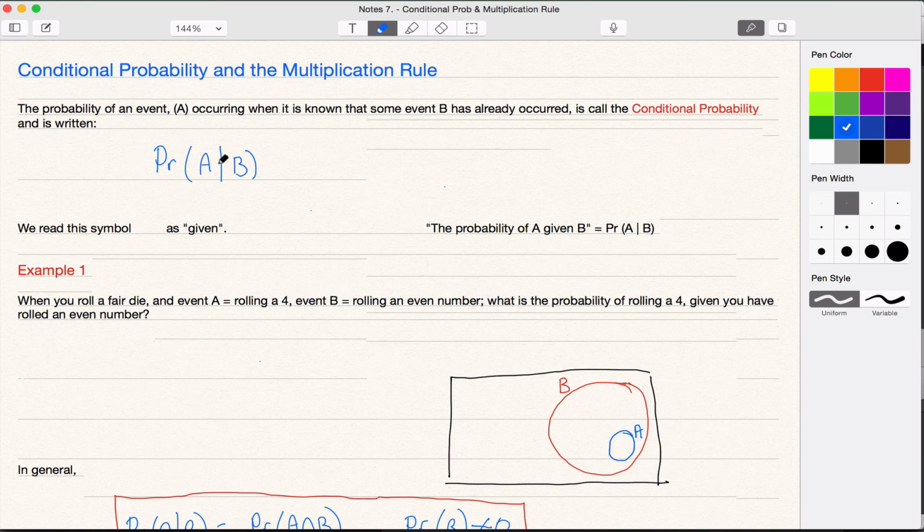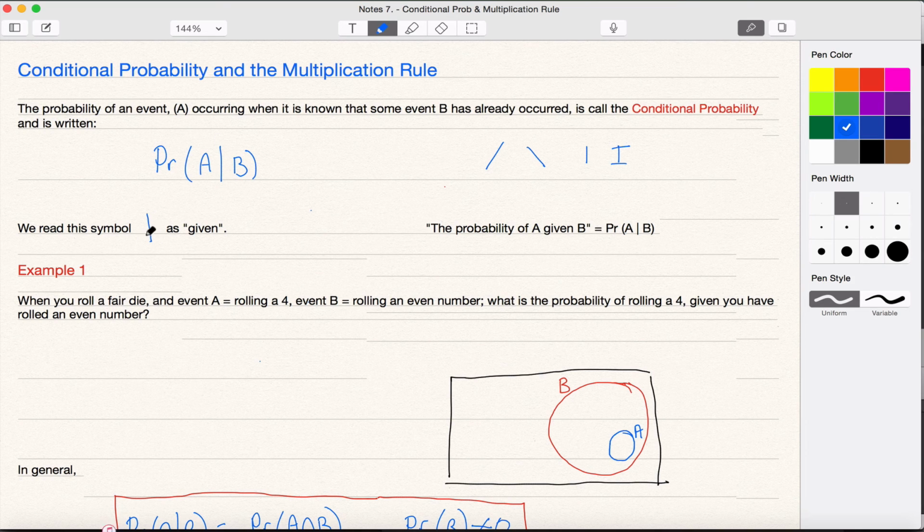Now the slash here is a straight up and down slash, and we read this symbol as "given". So this would read as probability of A given B. I've written that here for you. I'm calling it a slash, but it's not really a slash. It's not a backslash. It's not a forward slash. It's not a number 1 or a letter I. It's taller than the letters that you're writing and longer at the bottom, and it's straight up and down.